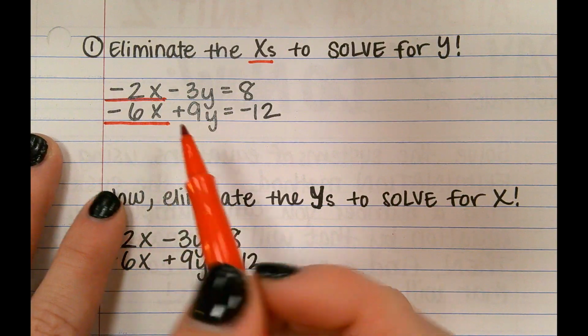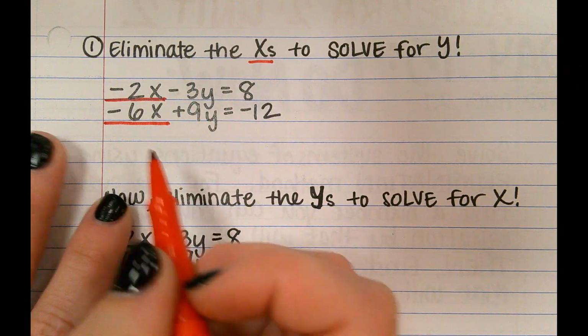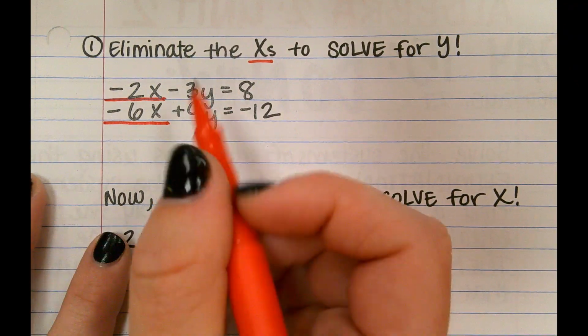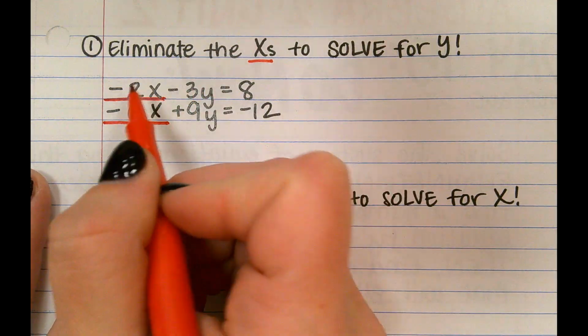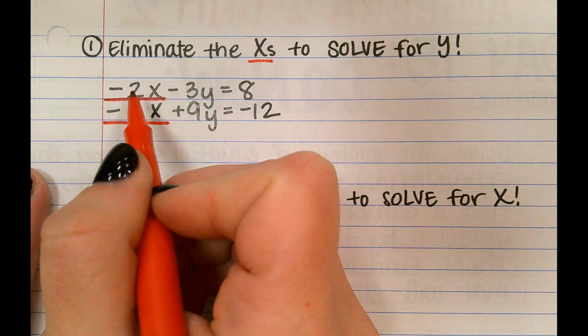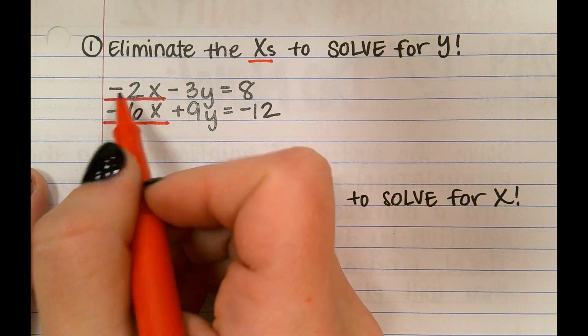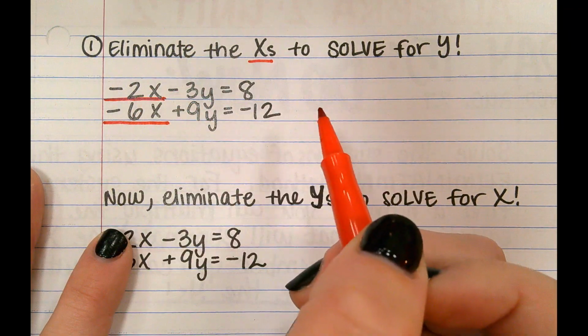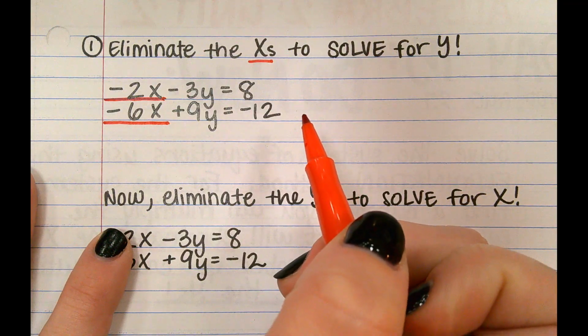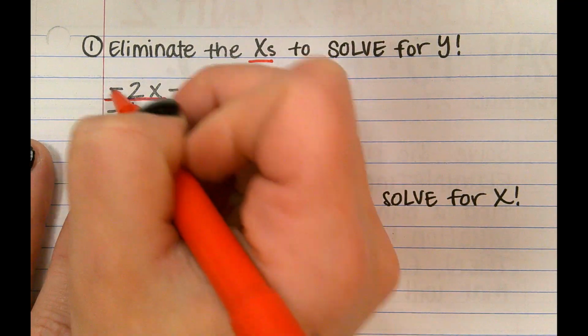Yes, Kelsey? Oh, yep. +6. Yes. And yes, Rhonda. Perfect. So if I have a -6x in this equation, I'm going to want this -2 to turn into +6. Why do I want this to be +6? So it will cancel. Good.